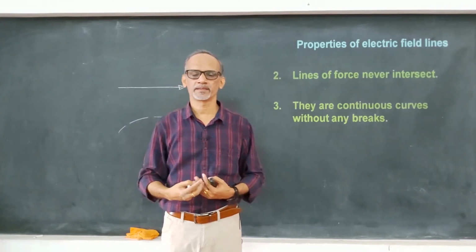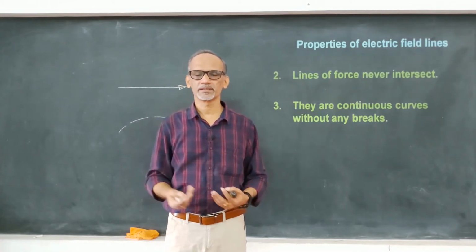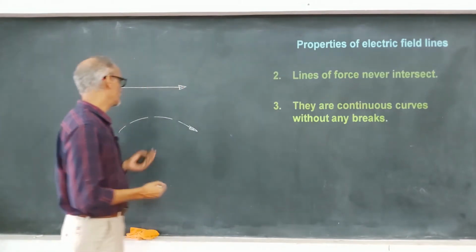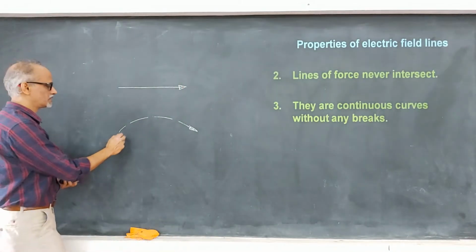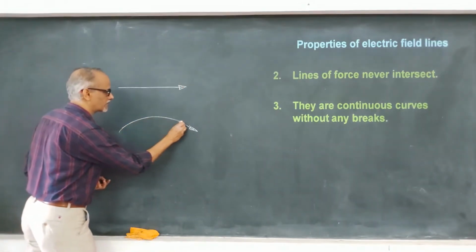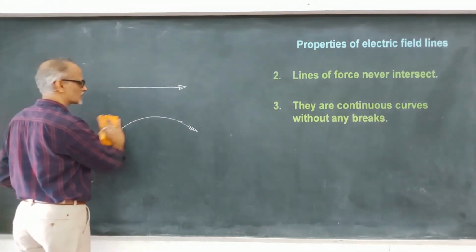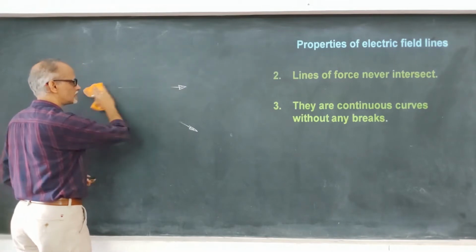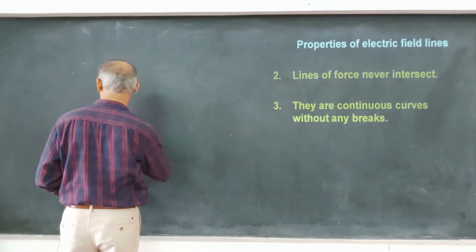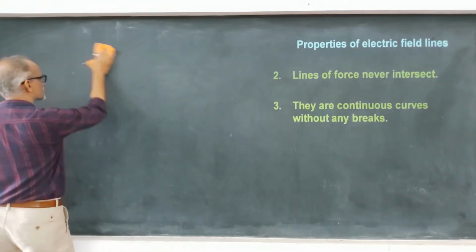Every field for that matter. It can be gravitational field, it can be even the electric field. So it is a continuous curve without any break. Okay, that's property number 3. So these are all important properties. As I've told you, the question has appeared a number of times in the examination.